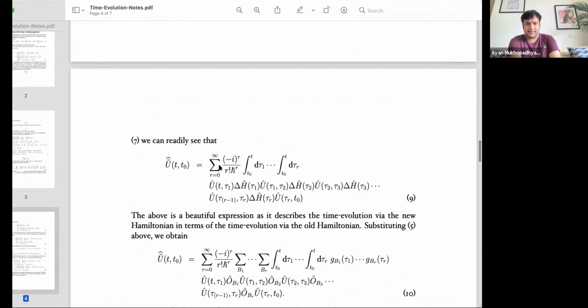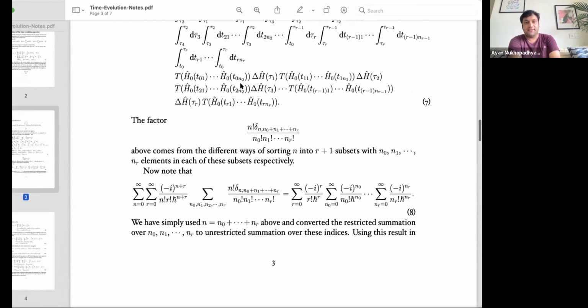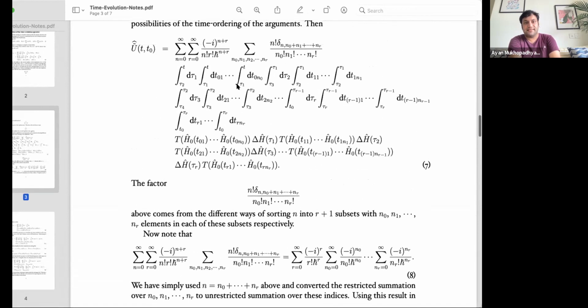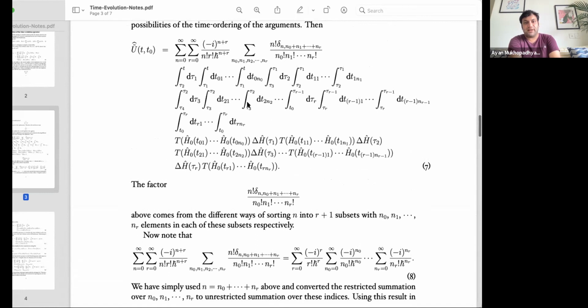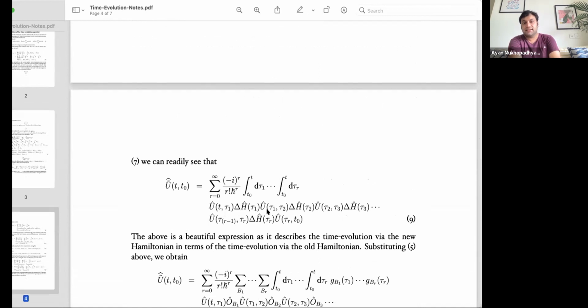And once I do that, I can take this factorial N0 element in front of this, and all of these are going from, say, tau1 to t. So therefore, I can replace these terms with simply U(t, tau1). And then similarly, each of these terms becomes this.